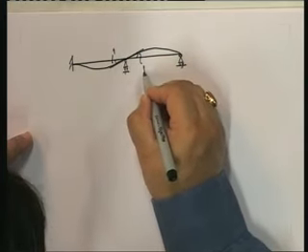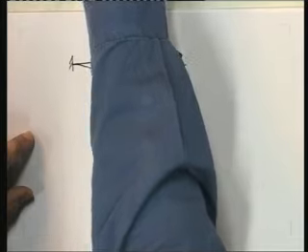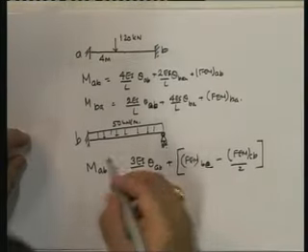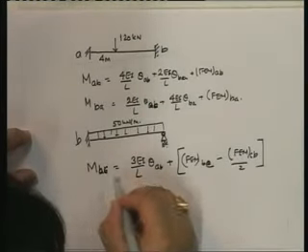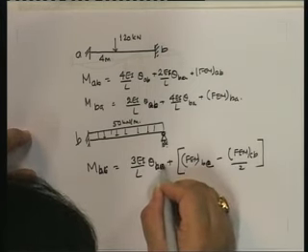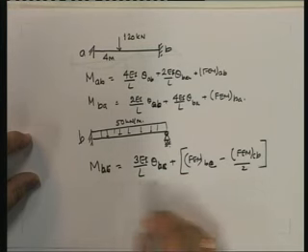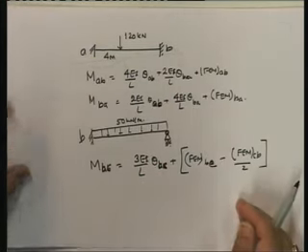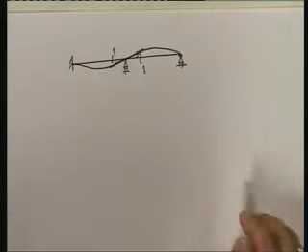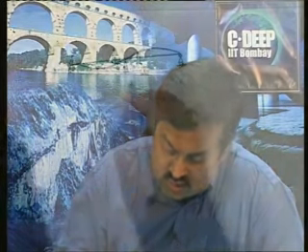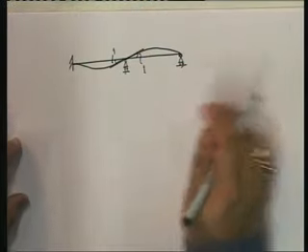Well, if you notice, MBC is equal to 3EI upon L theta BC. Since in this equation there is no theta CB, I don't really care what the rotation over here is.